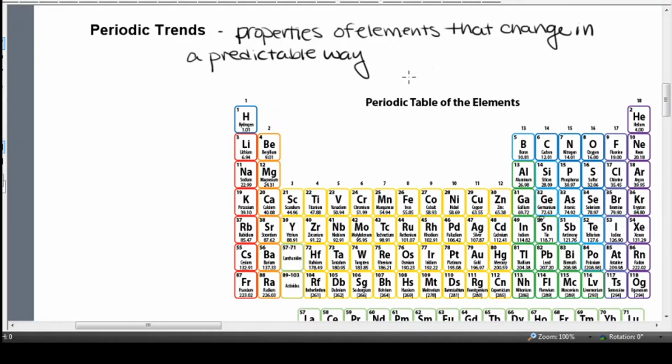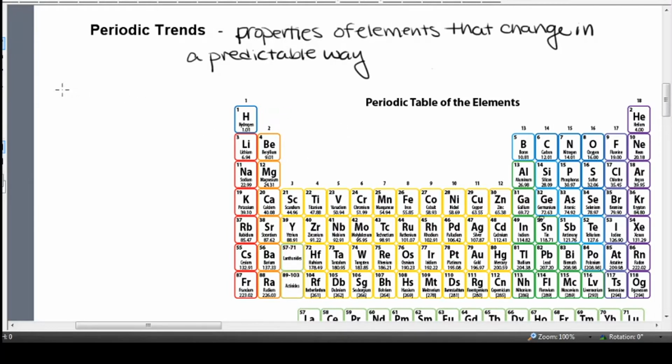Or if you were doing the periodic cards, when you went down a group, their top number was increasing in a predictable way. And when you went across the period, the bottom number or the number of notches was increasing in a predictable way. So think back to that activity, because that was meant to get you thinking about how the properties of these elements change in a predictable way.